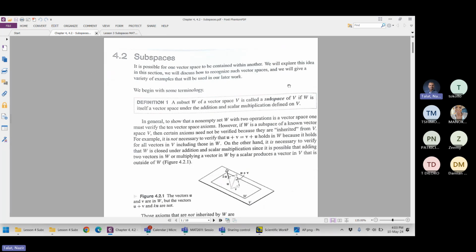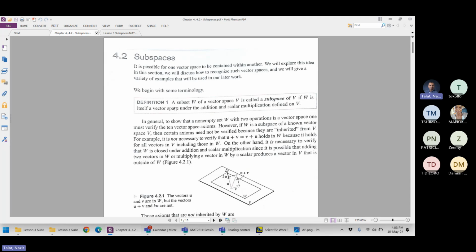But if we know that the bigger set is a vector space, then for its subset we only need to check the condition under which the given set will again be a vector space.